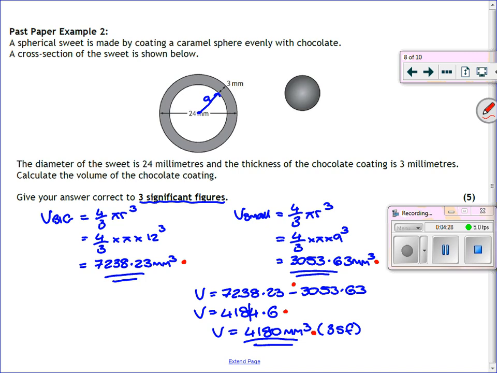I have seen, as an SQA marker, pupils losing the final mark here by saying things like 4,180 cubic centimetres instead of cubic millimetres. That will lose you a mark, so make sure that your units are correct. If in doubt, just look back at the actual question.